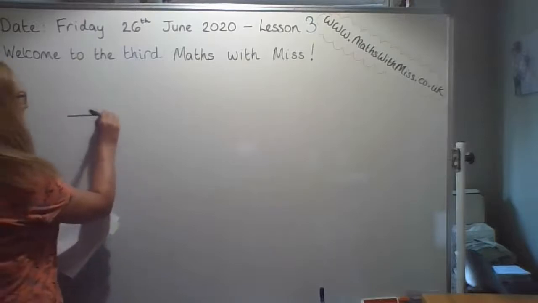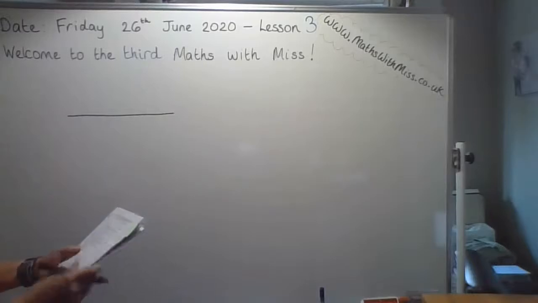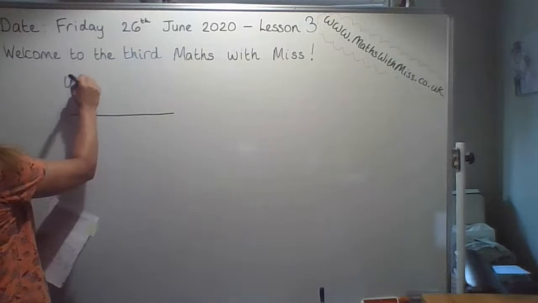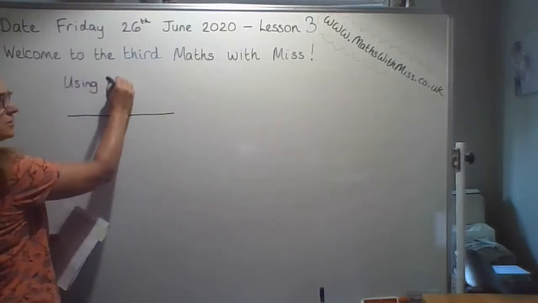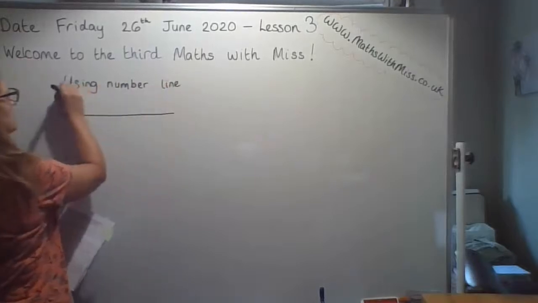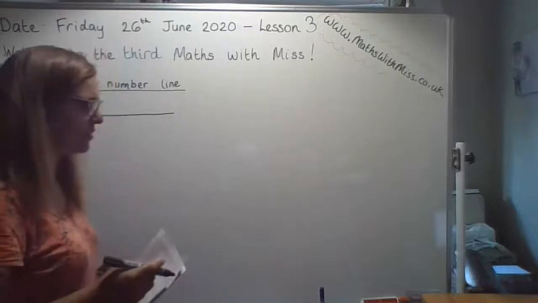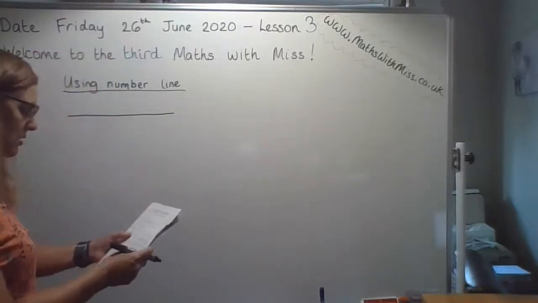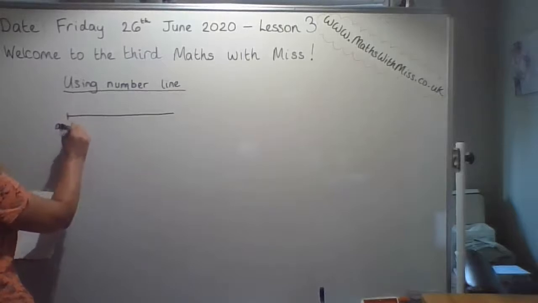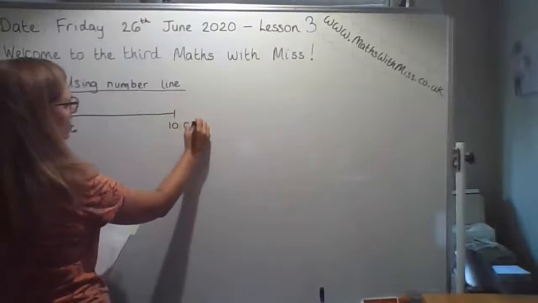The easiest way to do a question like this, I find, is to draw a number line. So we'll say using number line for our title. You don't have to. There's many other ways of doing it, but I think it's a really good visual way of doing it. So, if it's 9:16 in the morning, we've got to get to 10:04.